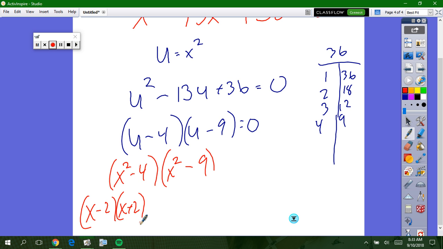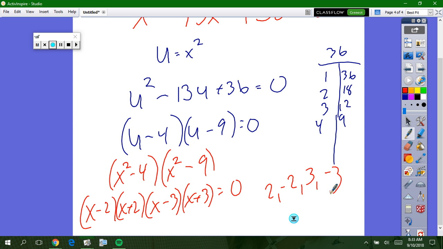This guy becomes x minus 3, x plus 3 equals 0. So what are all the values that make it 0? 2, negative 2, 3, and negative 3.